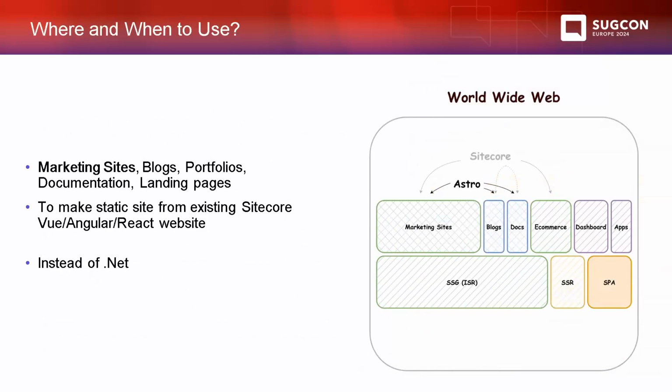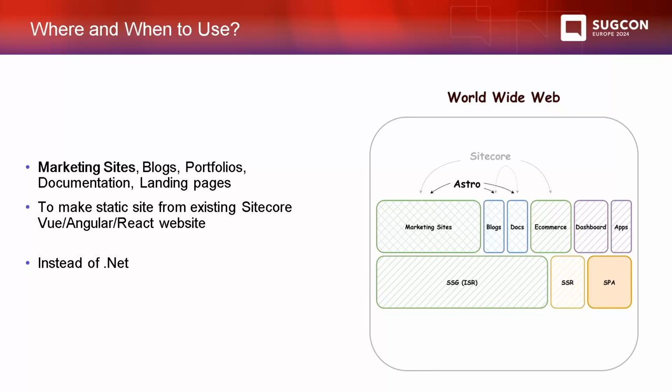So we talked about the main Astro advantages, so now let's sum up. Astro will be a good choice for Sitecore websites for marketing sites and other content-focused sites like landing pages, blogs, documentation, and portfolios.